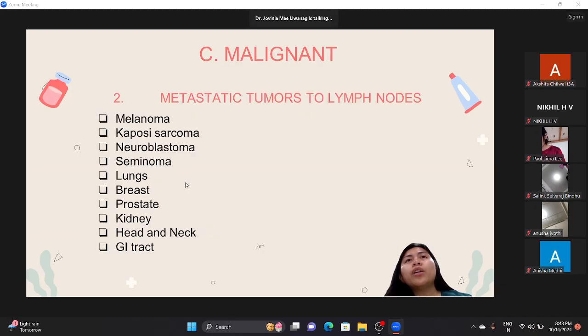We can also consider malignancy, with metastatic tumors to the lymph nodes. When the primary is elsewhere, palpated lymph nodes will be a sign of metastasis.